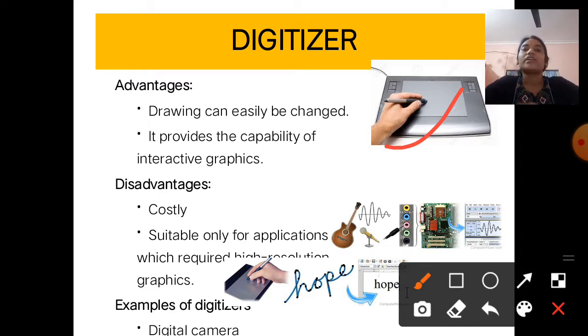Examples are digital camera, audio digitizer, digital tablet. This is the example of audio digitizer and this is the example of digital tablet.